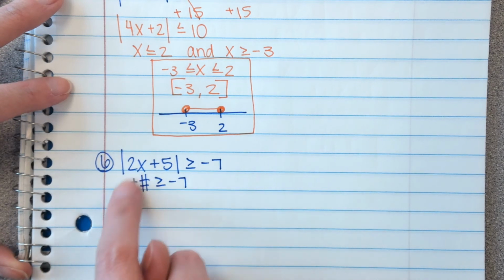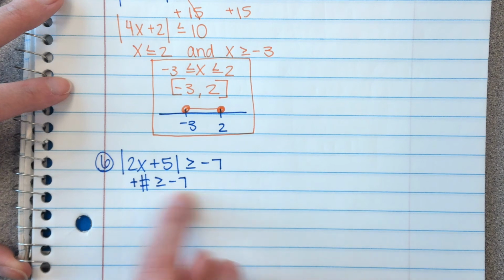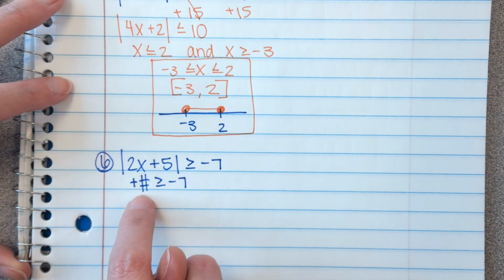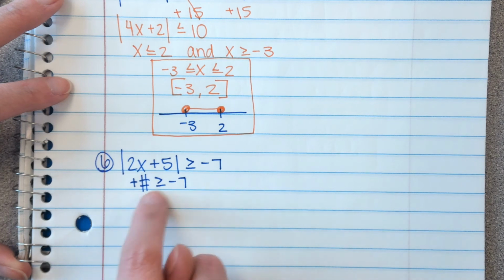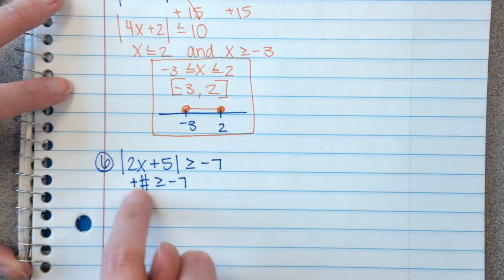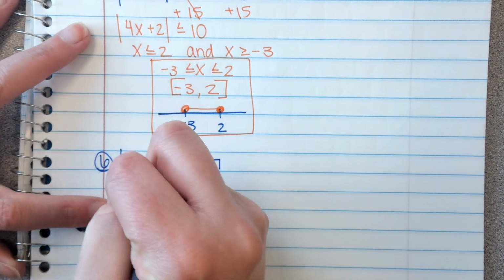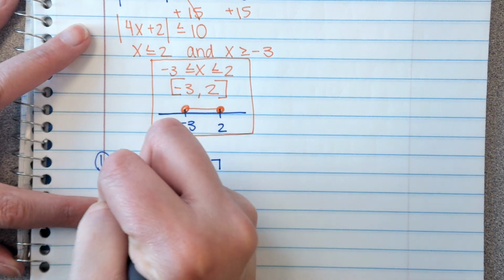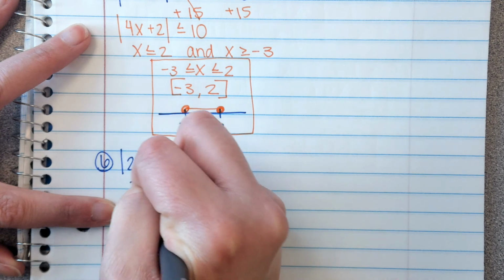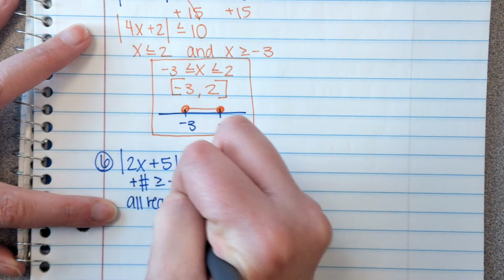Yes. You can throw in any positive number and this statement will be true. You could say 100 is greater than or equal to -7. You could say 3 is greater than or equal to -7. Any number that you plug in for x, it's going to work. So this is infinite solutions, or all real numbers.